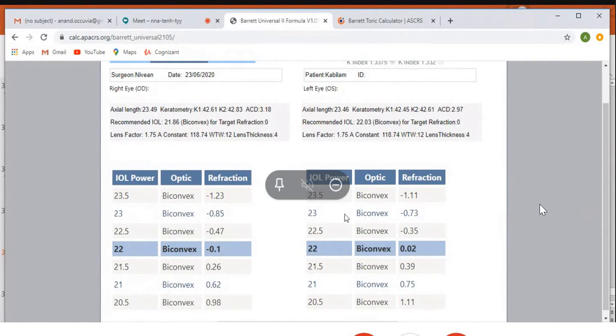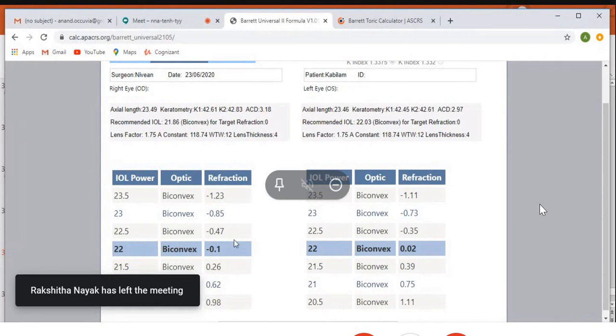But whenever the doctor is calculating with the normal IOL, SRK/T, or some other biometry machines, the doctor will go either with the first plus or the first minus. They will not go with emmetropia. Since Barrett is giving very, very accurate values, whenever they are calculating with the Barrett formula, they will go with the emmetropic power only.